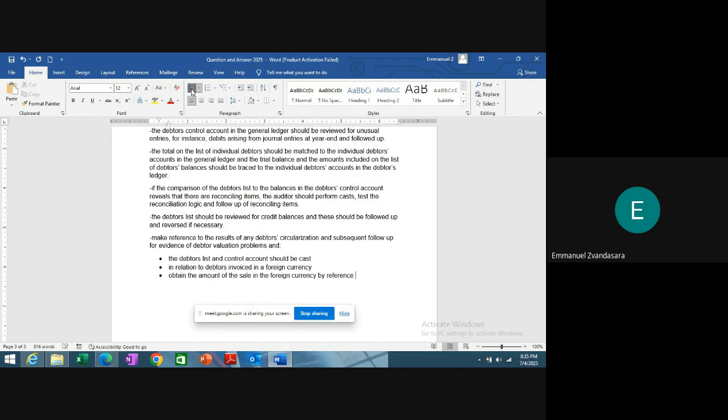A reference to the invoice. Then from a financial institution, exchange rates.